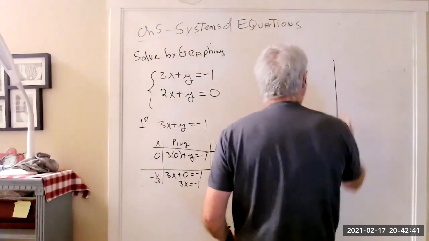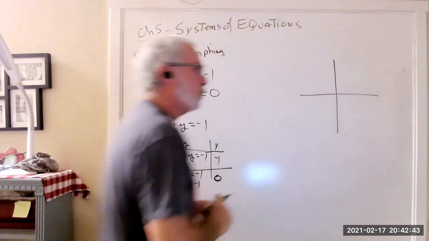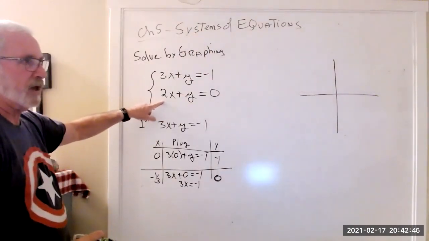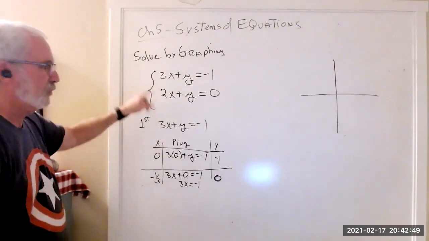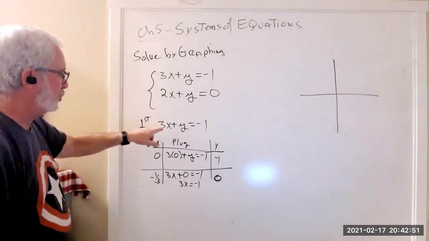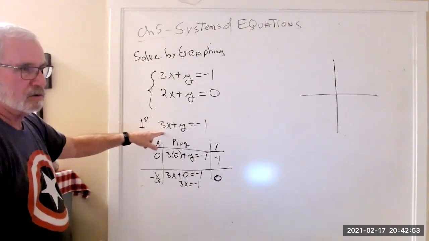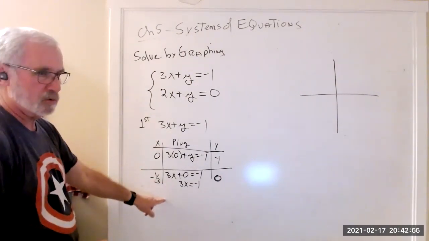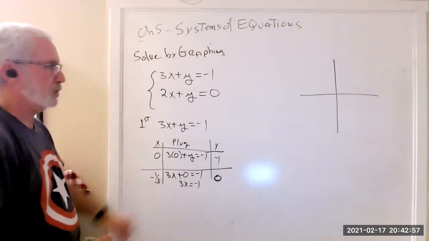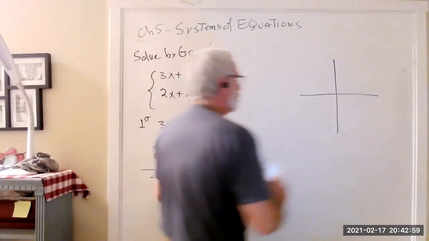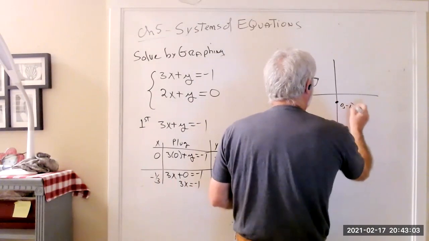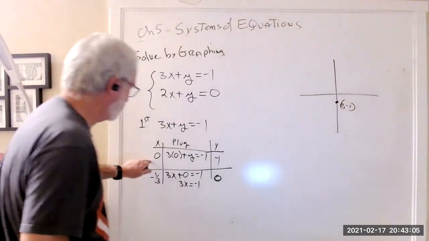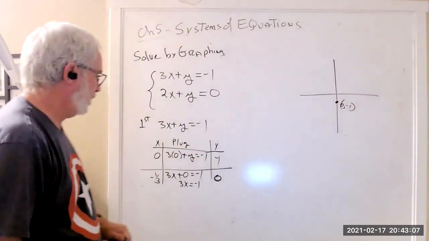Okay, we'll talk about another one in a few minutes. But you come over here, and notice I haven't even worried about the other graph yet. You have to treat these for a second as 2 separate problems. How would you graph this one? This is what you would do. So when x is 0, y is -1.